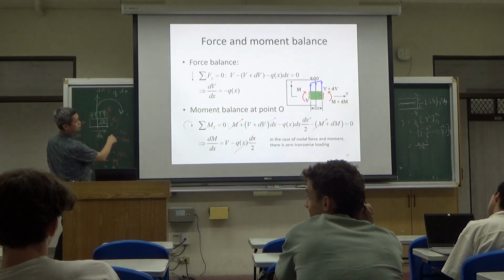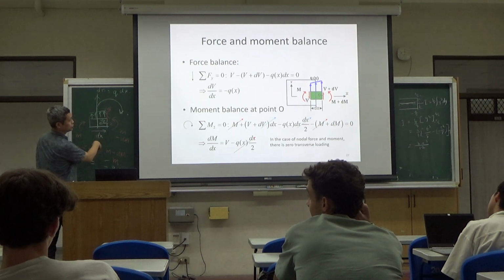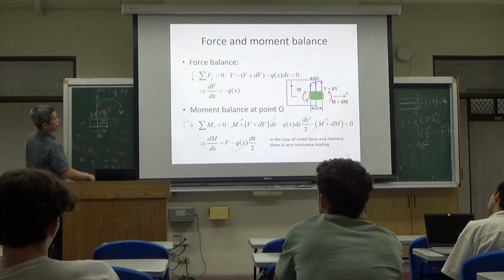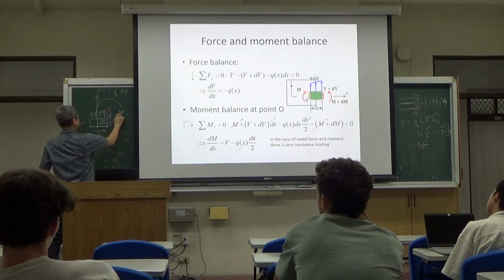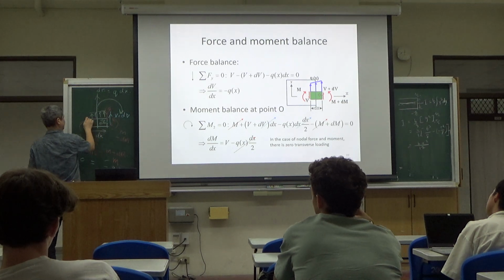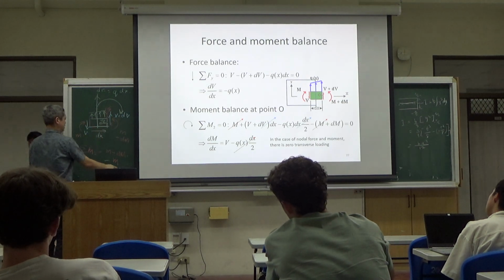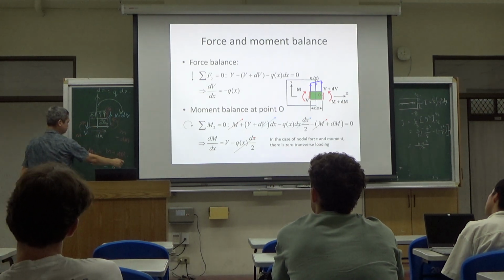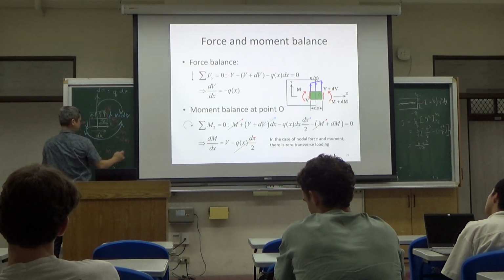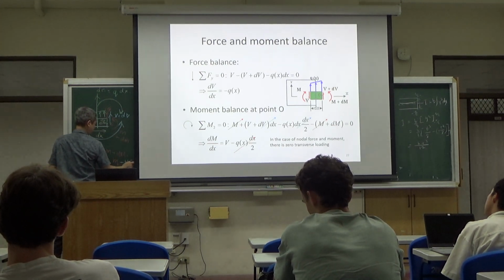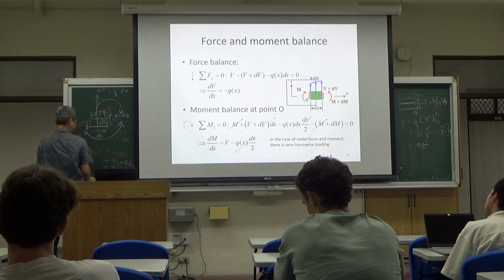The other big part there is your shear force. This is upward B. This one is downward B. The other part that we forgot to do is this negative dx.